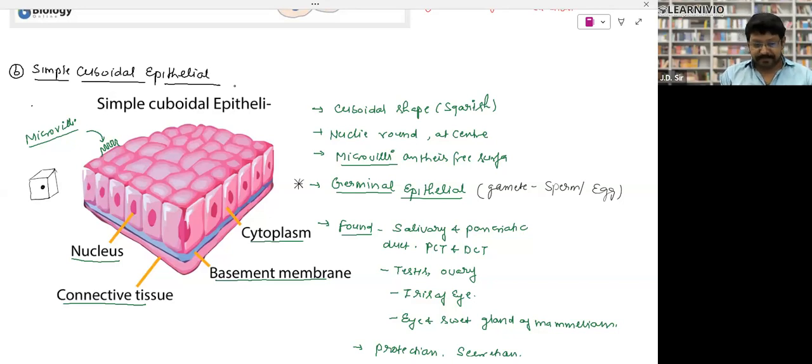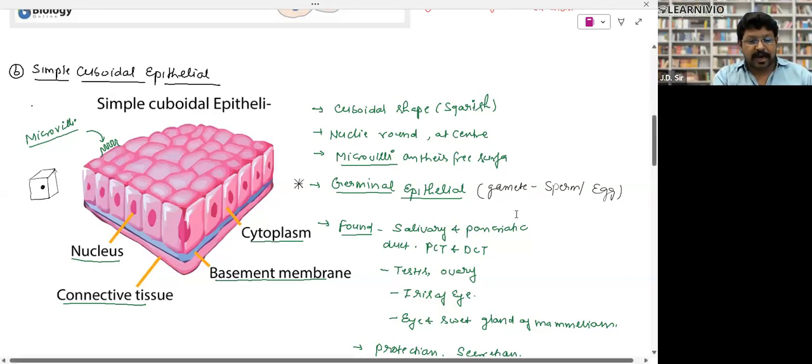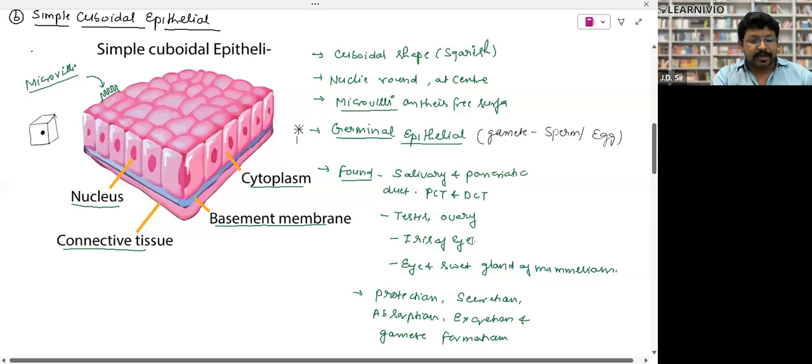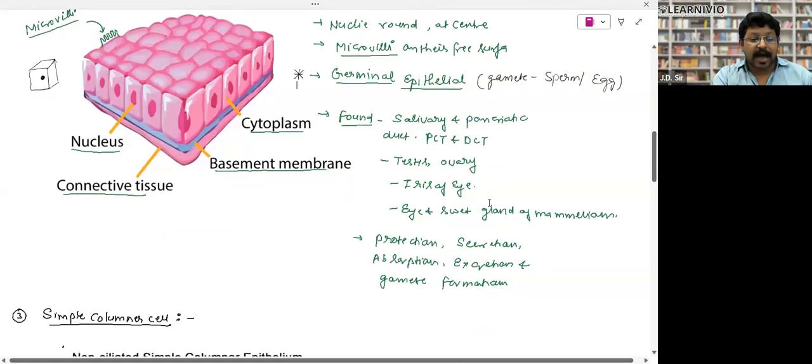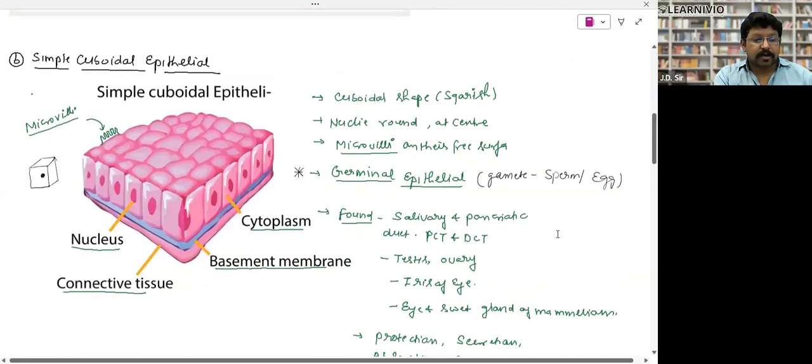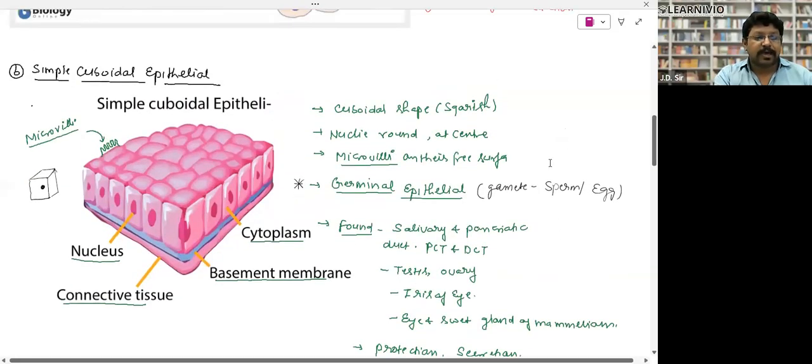Is it clear? They are found in salivary gland, pancreatic gland, testes, ovaries, iris of eye, and sweat gland. Is that clear to all of you?